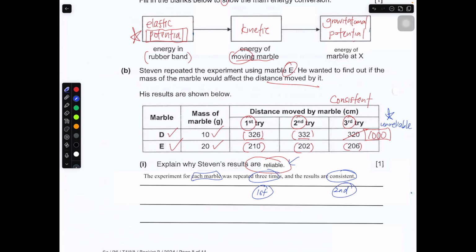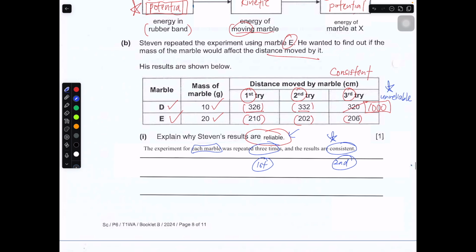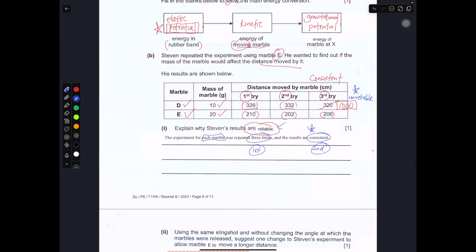The word consistent must be stated here, because that is the basis on which we say a particular set of results is reliable or unreliable: whether the result is more or less the same or they are very far apart. So this will be the key answer.